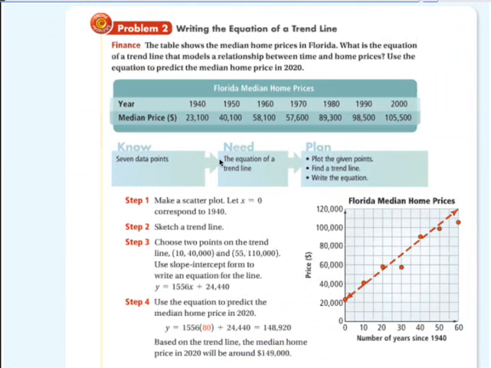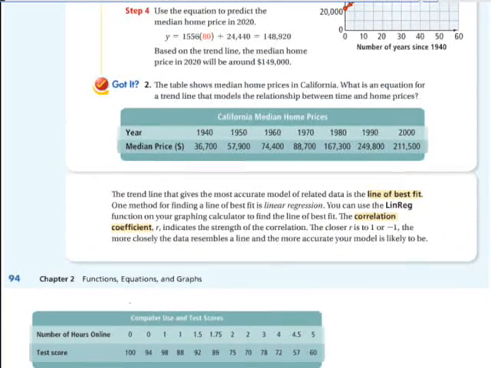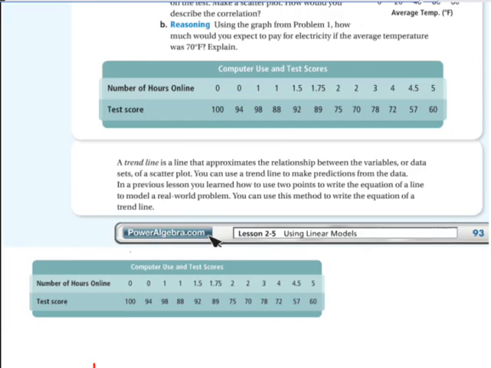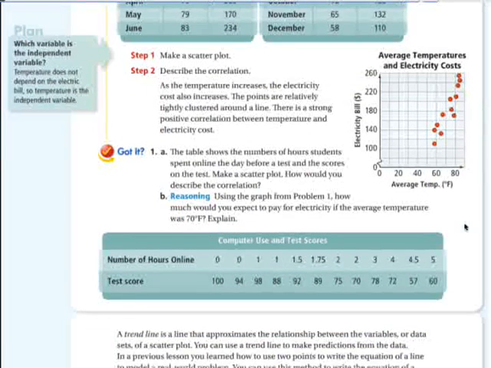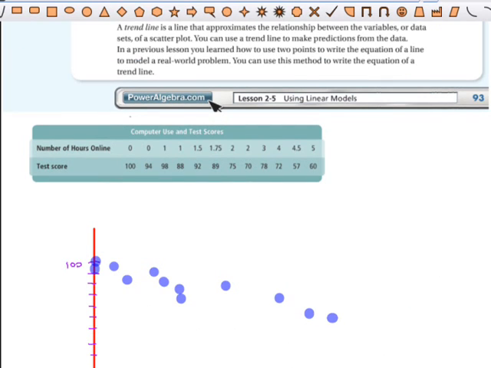Let's go back to the question. Back up to the question and what it was asking. Make a scatter plot. We did that. How would you describe the correlation? So how would you describe this correlation? The easiest way to tell that is to give yourself a line, okay?